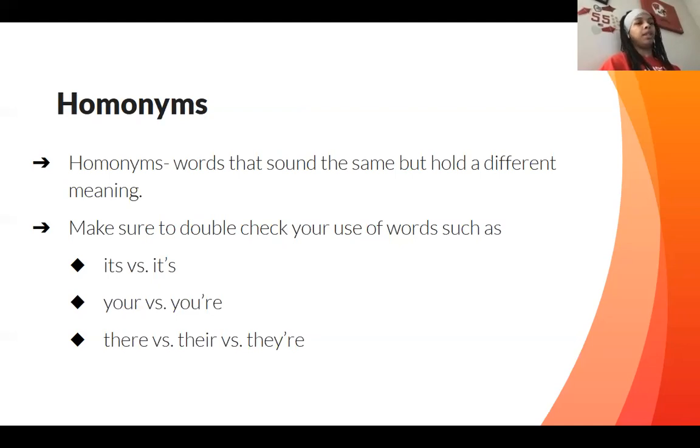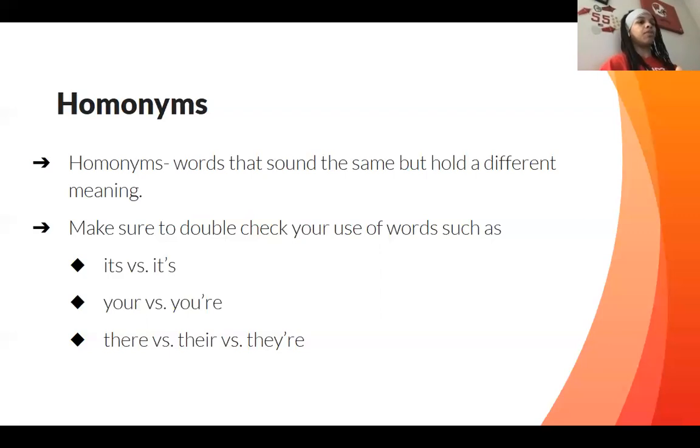And then probably the worst of the worst is there, their, and they're. So the first there, THERE, is if, for example, you wanted to say something is within your vicinity, within my vicinity, there is a phone, there's a TV. THEIR is for when something belongs to somebody, so it's theirs.